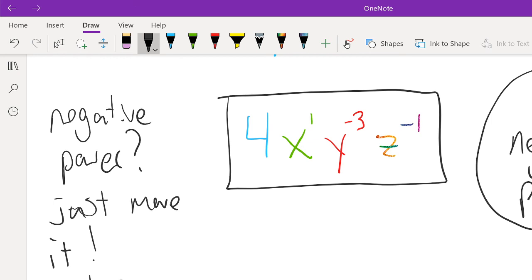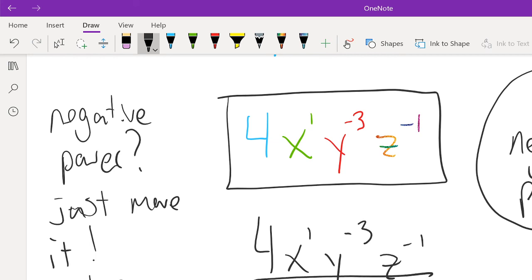Now, all of this stuff is technically on the top. So it would be 4x to the 1, y to the negative 3, z to the negative 1, over 1, if you wanted to write it as a fraction. So just move it to the bottom. So I would have 4x, those are all positive, so they stay on the top. And then on the bottom, now this is y to the positive 3, z to the positive 1. And that would be my final answer if your teacher wants you to have no negative powers.